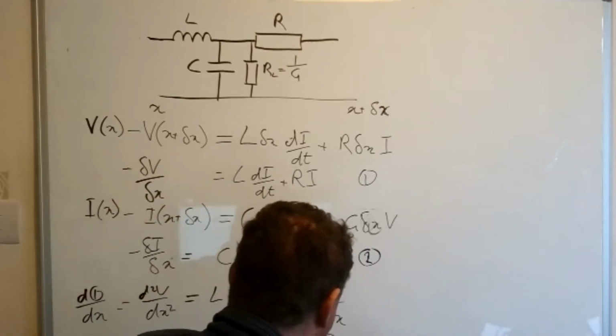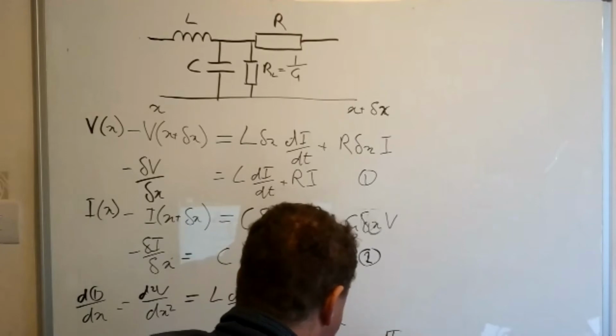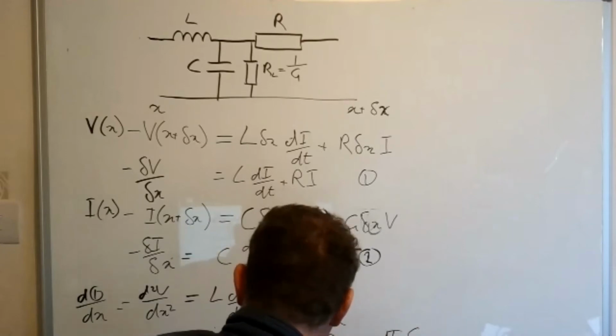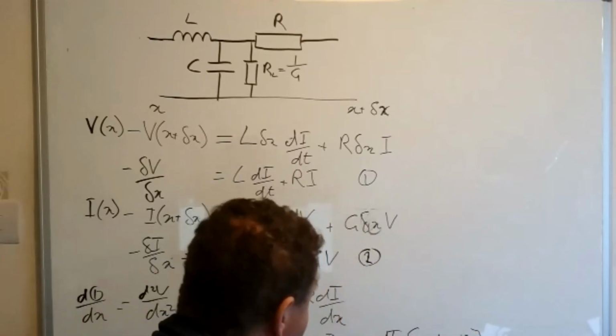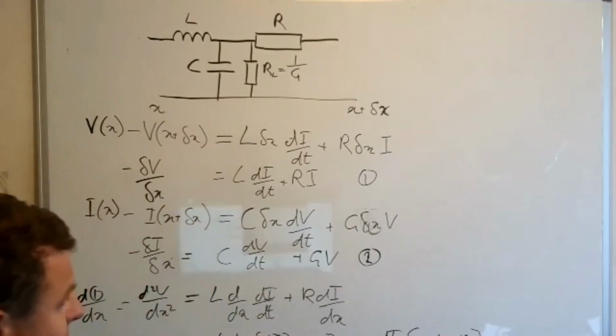And then that is dI by dx times L d by dt plus R. So strictly speaking, I should write it the other way round.